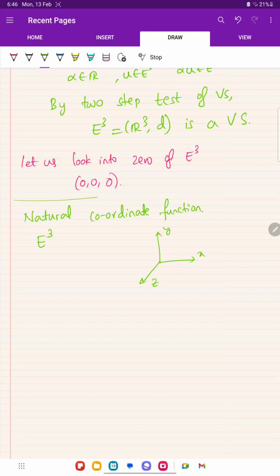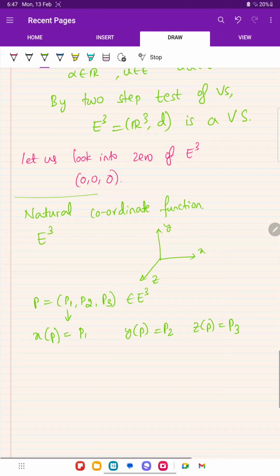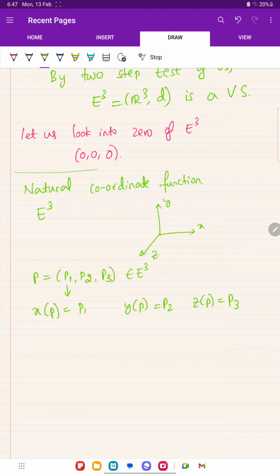Now suppose we consider any point P which is an ordered triplet in E3. Then P1 is nothing but the x coordinate of the point P, P2 is the y coordinate of the point P, and likewise P3 is the z coordinate of the point P. We can replace x, y, z with x1, x2, x3, because if we have more dimensions we would be confused about what to take for variables.